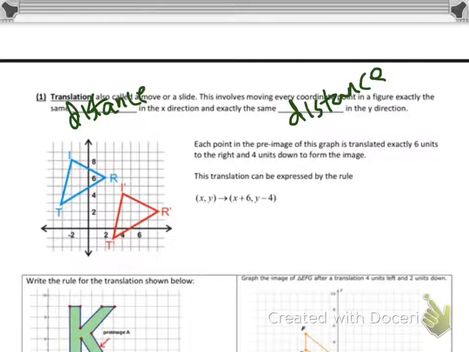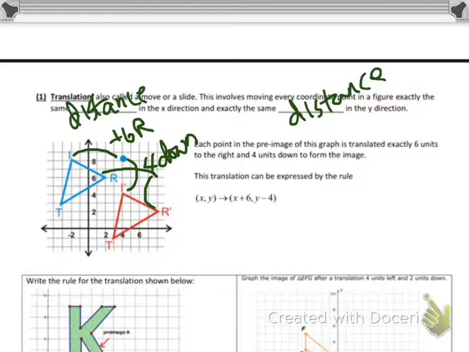So each point in the pre-image, which is in blue, is translated exactly 6 units to the right and 4 units down. You can see that if I put a point right there, this is 6 units to the right and 4 units down for point I. And point R does the same thing, 6 units over and 4 units down.